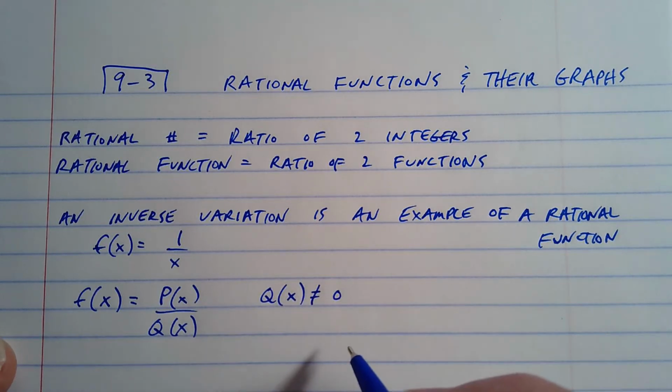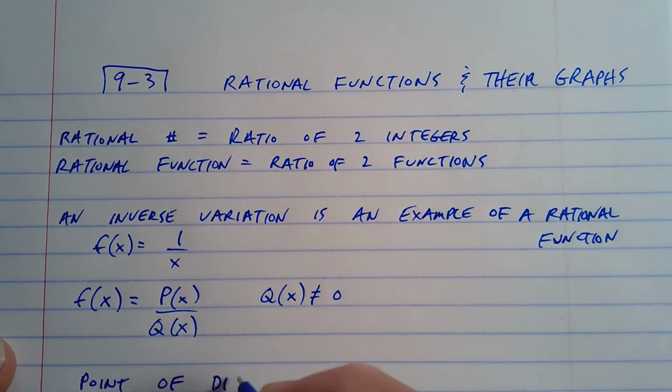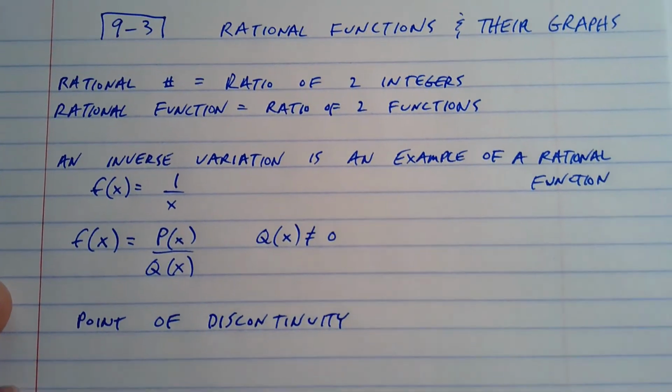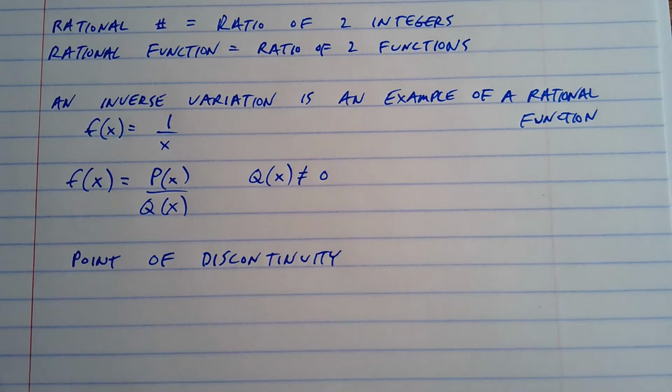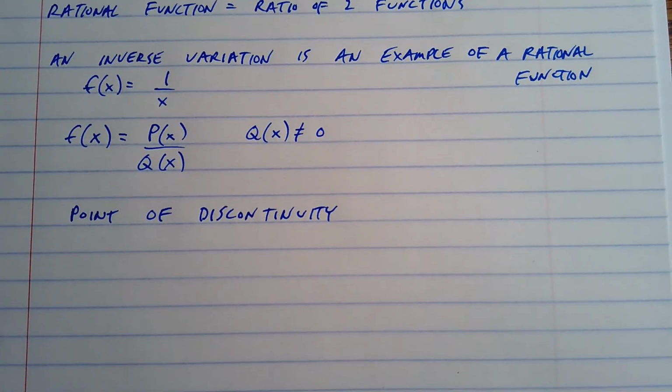That restriction then creates what's called a point of discontinuity. In other words, the curve doesn't go smoothly through that point. There's either an asymptote there or there is a hole there. And I'll go through both variations on that.